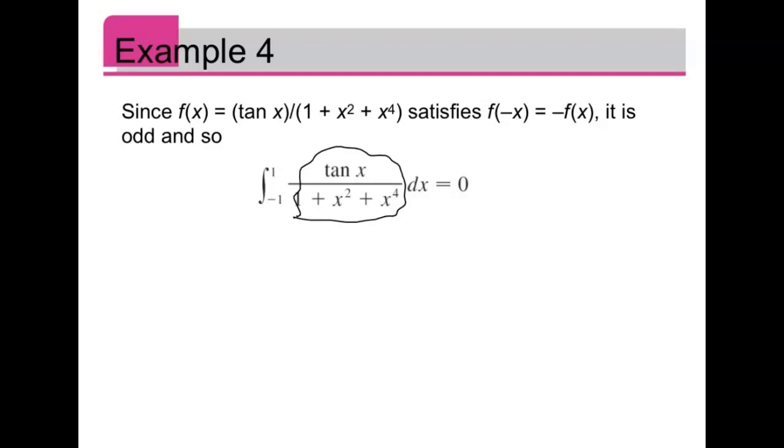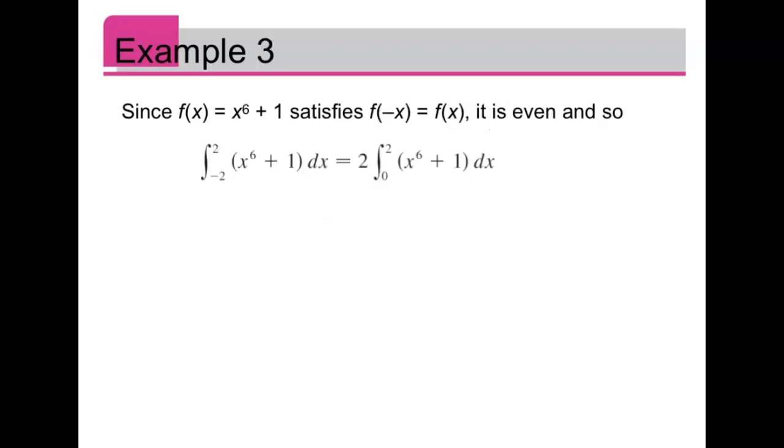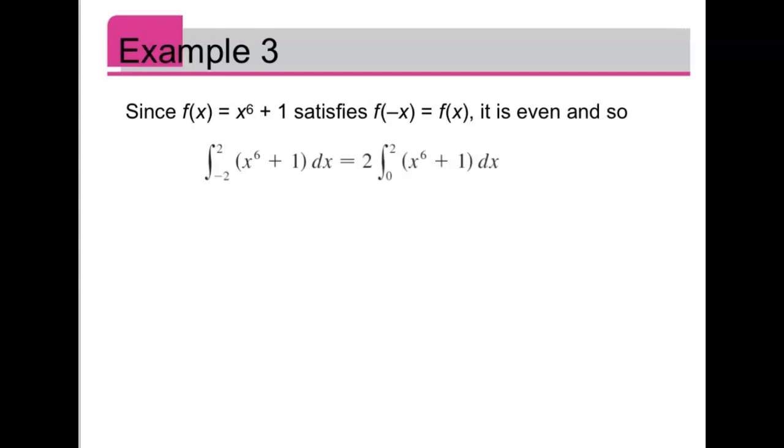You can either graph it or test to see if plugging in a negative x gives you the opposite output. You don't have to do this. You could just evaluate it from -2 to 2 in your calculator. This just makes it easier because 0 is an easier value to plug in, right?